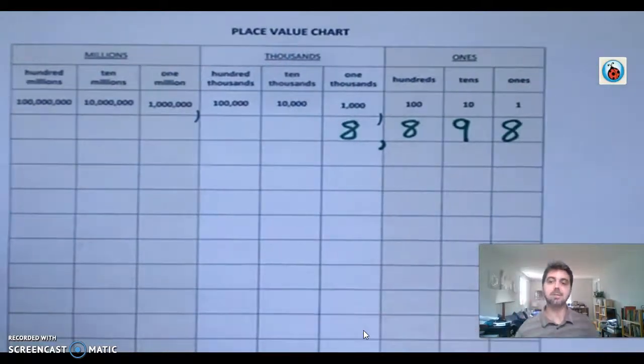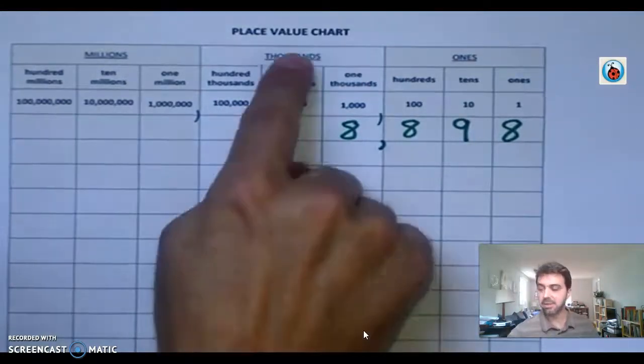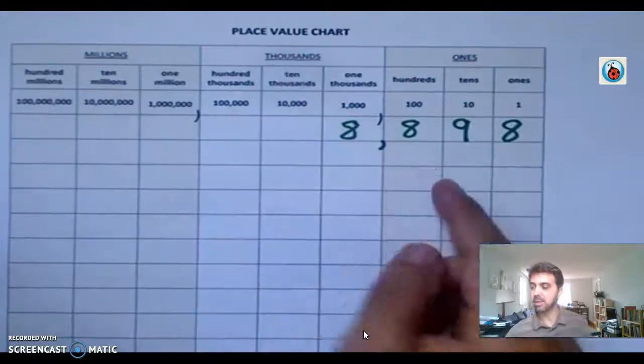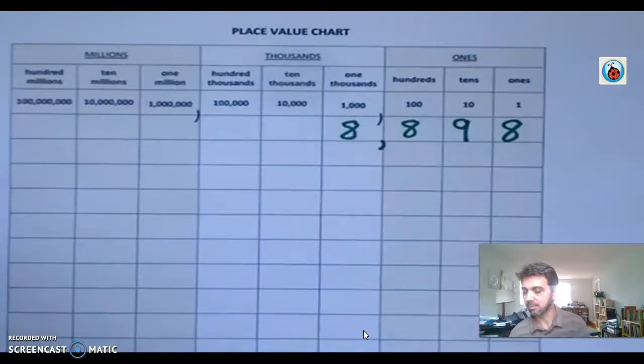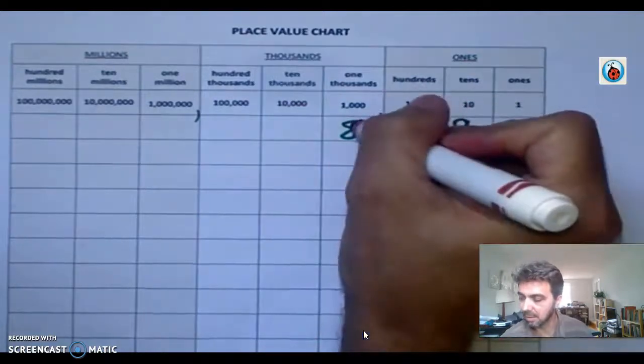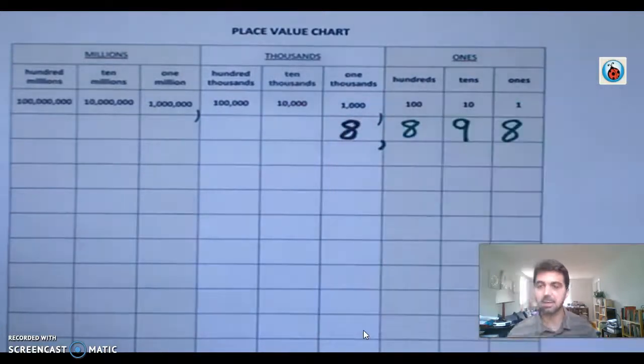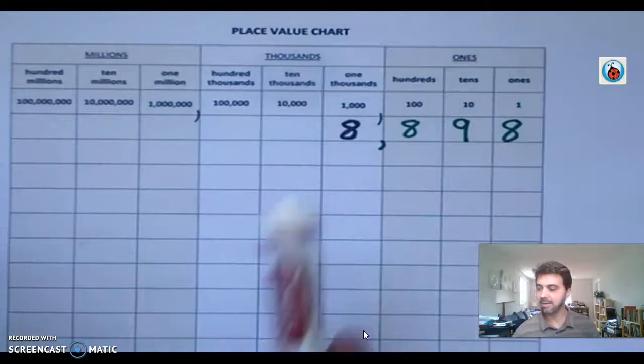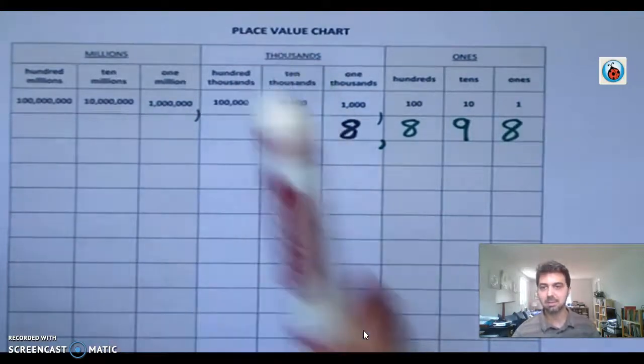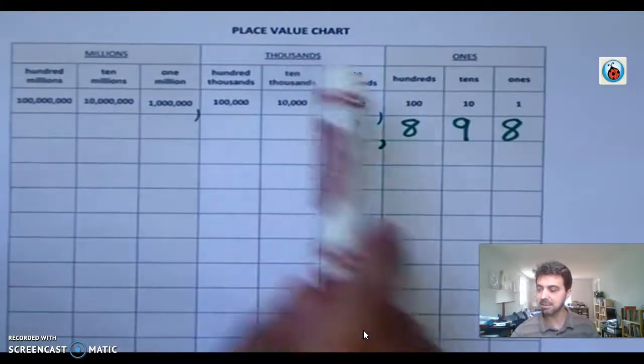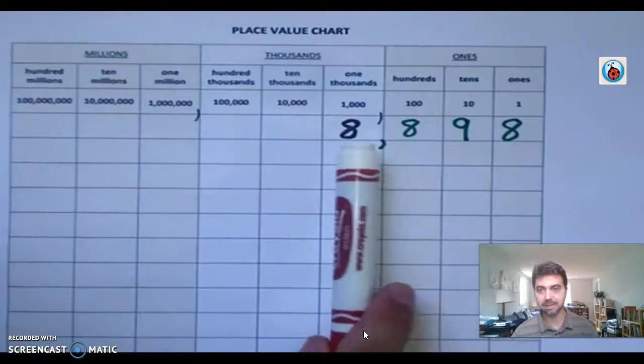So here's my question. What number did I come up with? How do you read this number? Remember, this is the thousands period, so we look within the period. We have 8 thousands, so 8,000, comma.